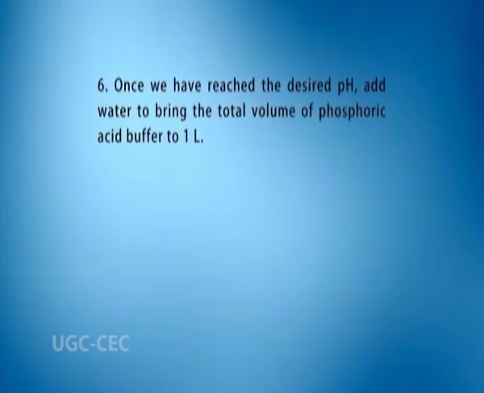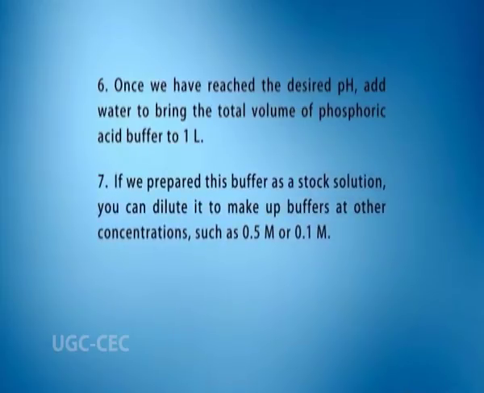Sixth, once we have reached the desired pH, add water to bring the total volume of phosphate buffer to 1 liter. Seventh, if you prepare this buffer as a stock solution, you can dilute it to make up buffers at other concentrations such as 0.5 molar or 0.1 molar.